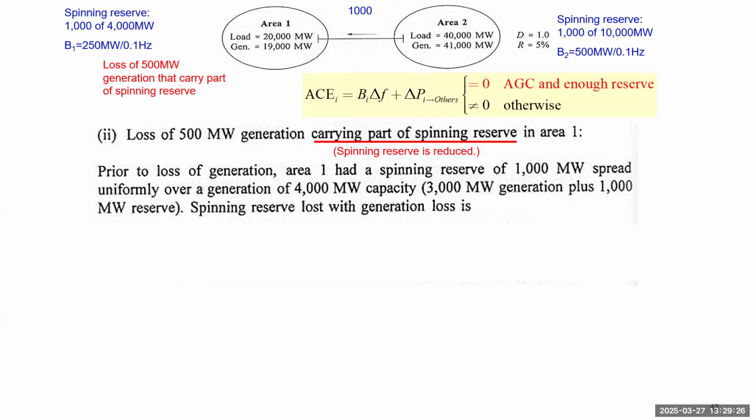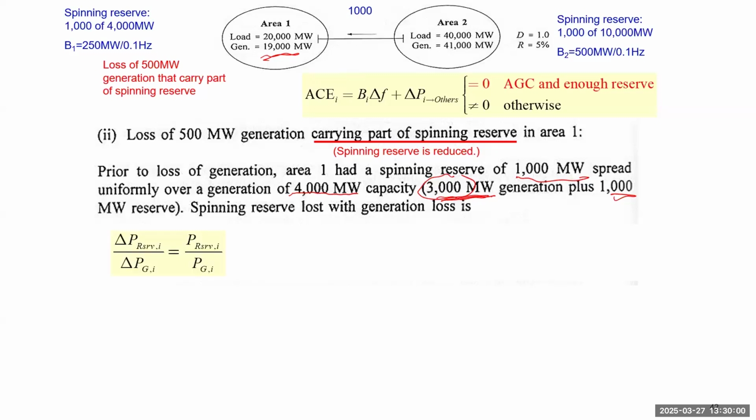Based on analysis, we have 1,000 megawatt spinning reserve uniformly distributed among 4,000 megawatt capacity. So for those 4,000 megawatt capacity, we have 3,000 actual generation with 1,000 spinning reserve. So this 3,000 megawatt will be part of this generation. Then we can estimate the spinning reserve lost.